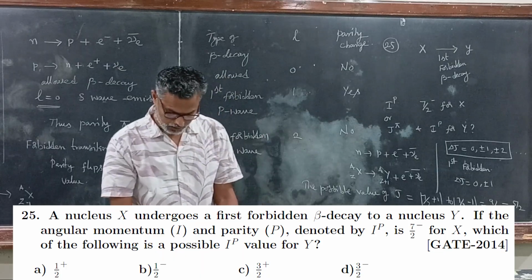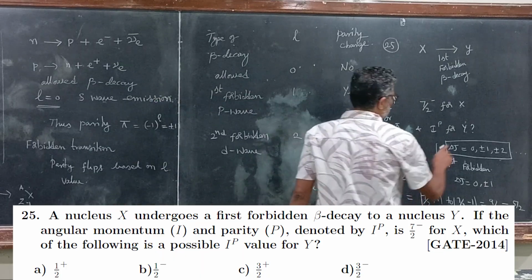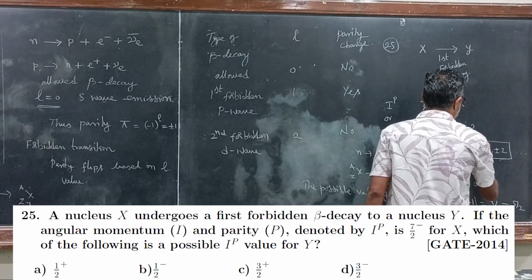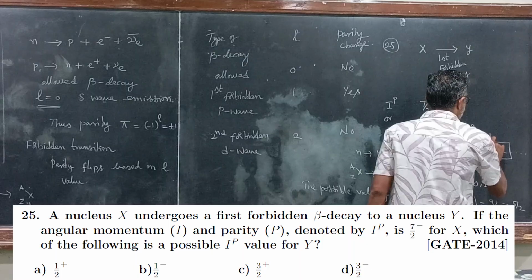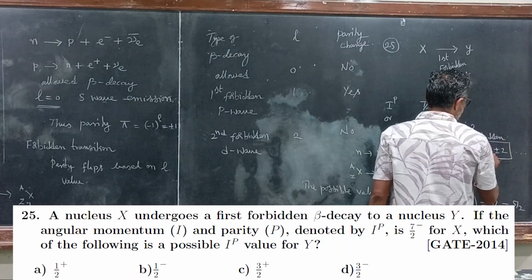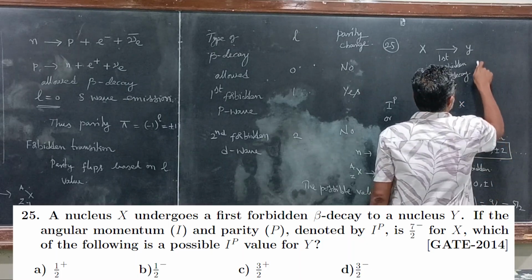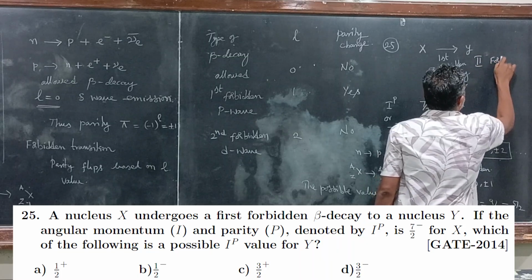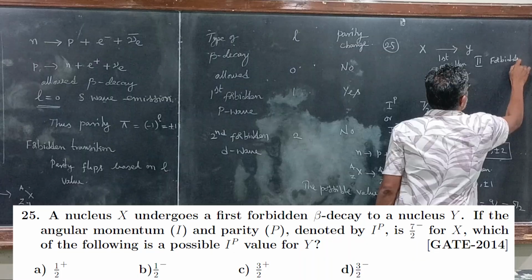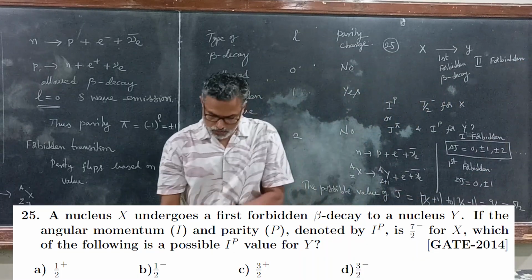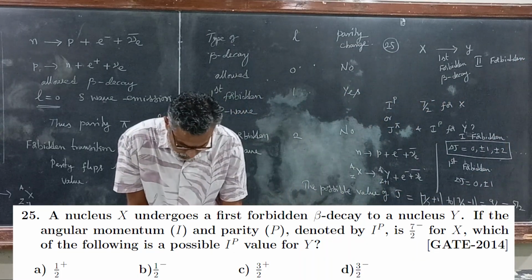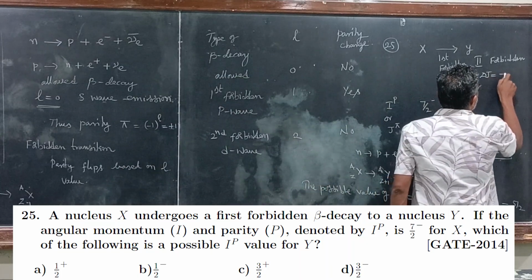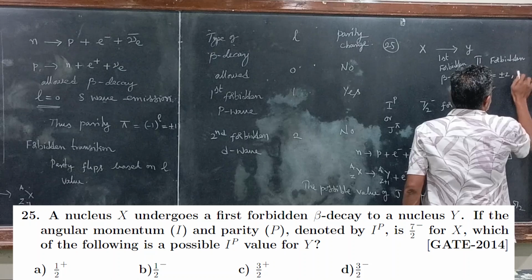So the selection rule for the first forbidden is 0, plus or minus 1, plus or minus 2. And then the second forbidden: excluding 0, delta J equals plus or minus 2, plus or minus 3.